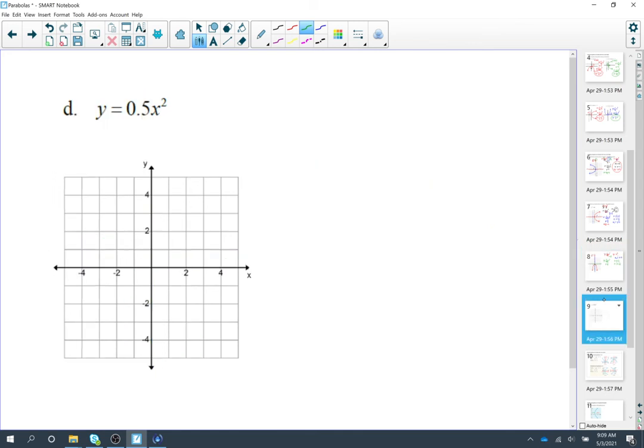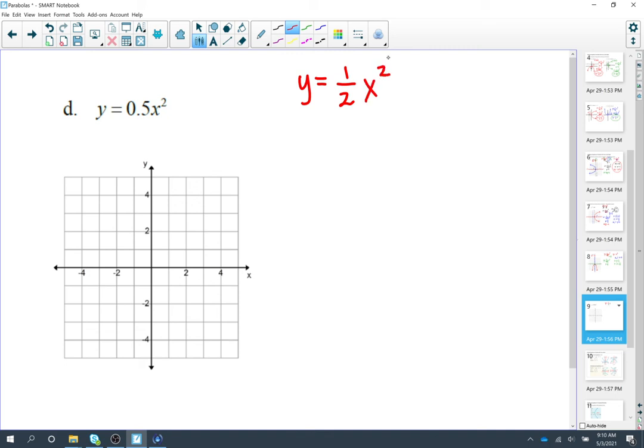Letter D, y equals 0.5x squared. So first things first, we already have our x squared term over here. We already have our y term over here. This again is very similar to what we did at the beginning of the year, so you don't actually have to do anything fancy. But for the sake of finding your focus and directrix, we are going to do it the quote new way. y equals, I'm going to take 0.5, I'm going to change it into 1/2.